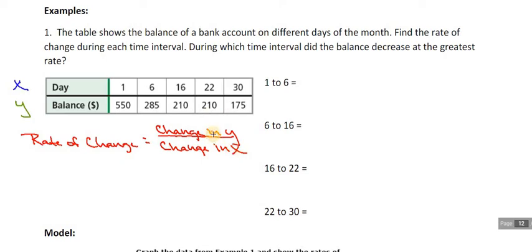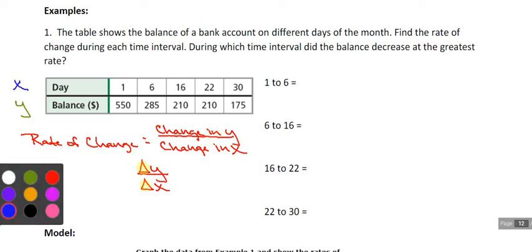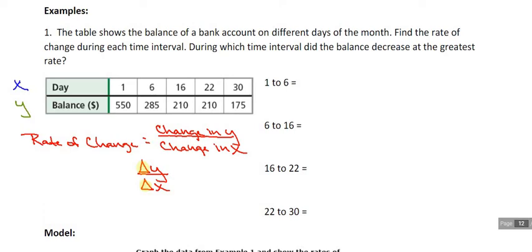Now, another way to represent change in, and I think I did show this before, is the Greek letter delta. So delta y over delta x would mean change in y over change in x. So let's note that: delta equals change in.